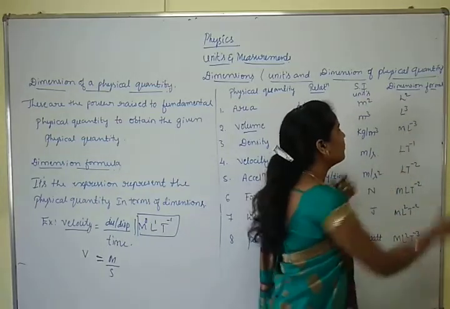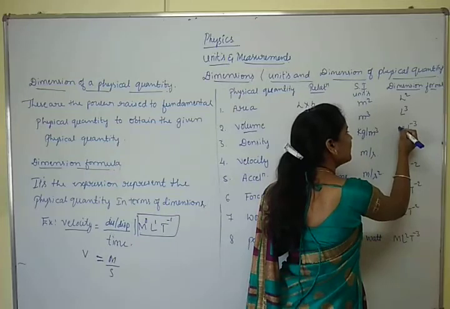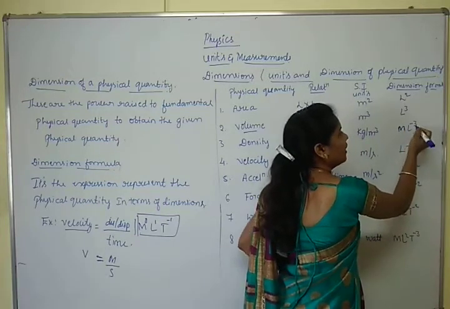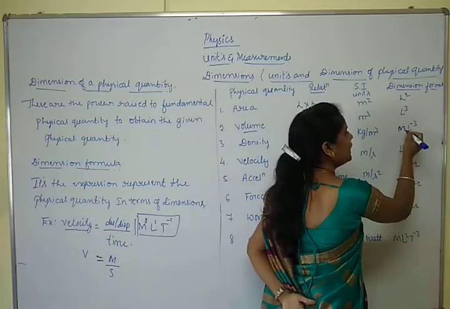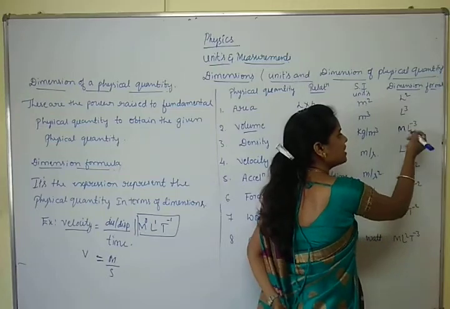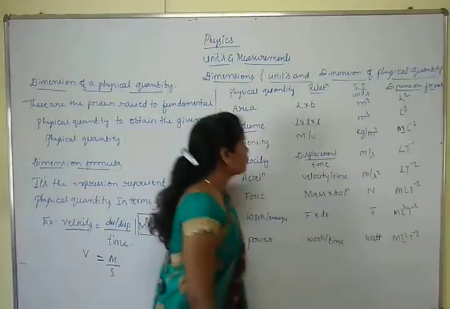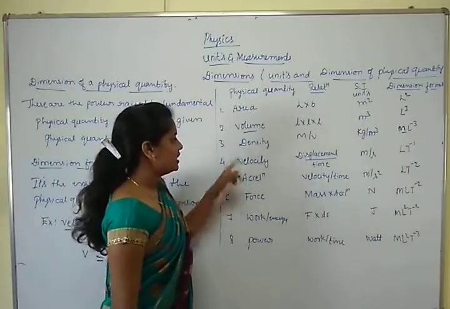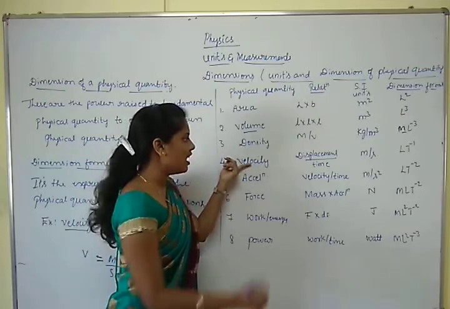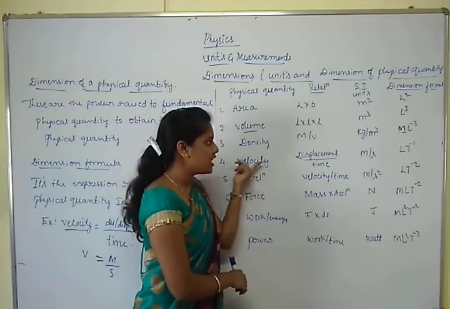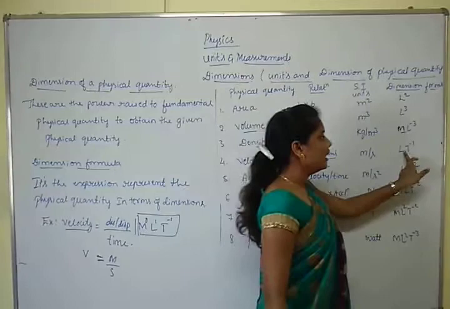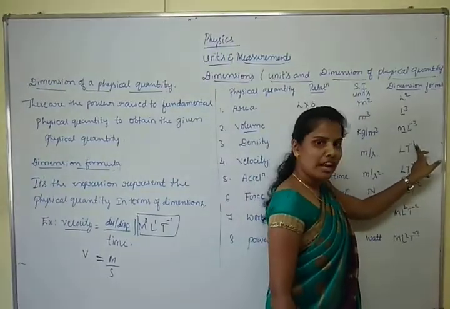So M L to the power of minus 3 is the dimension formula for density. Next one is velocity. We already discussed its dimensional formula: L T to the power of minus 1.